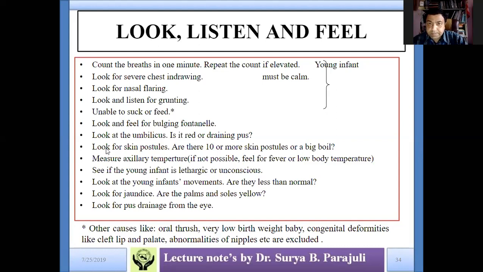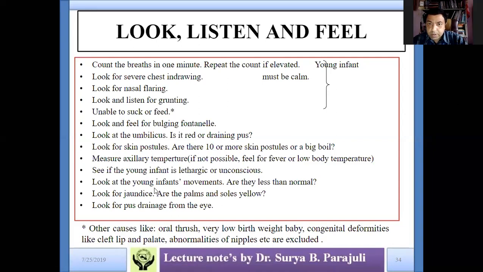You need to watch if the young infant, 0 to 2 months, is lethargic or unconscious. Look at the young infant's movement. Are they less than normal? Look for jaundice. Are the palms and soles yellow?